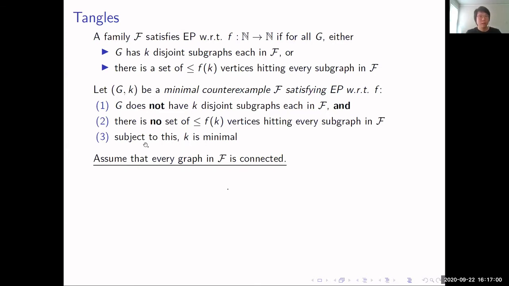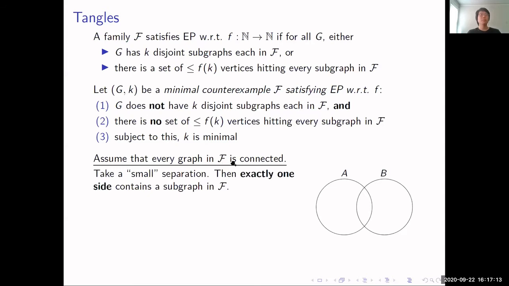Okay, and this actually implies a very strong structural property of such a minimal counterexample. So for this argument, we need to assume that the family only consists of connected graphs. But let's take a small separation in your graph. So a separation is just a pair of two subgraphs whose union is the original graph.